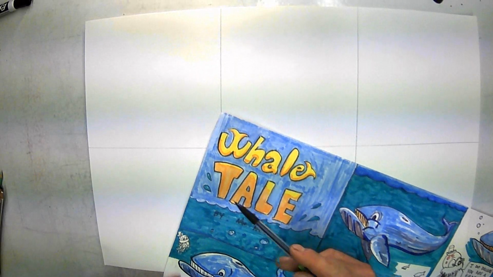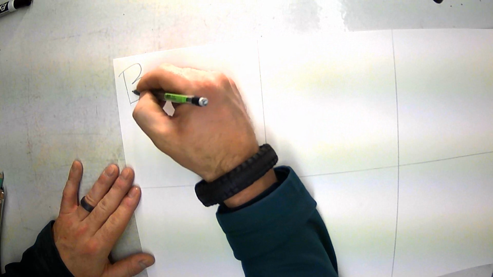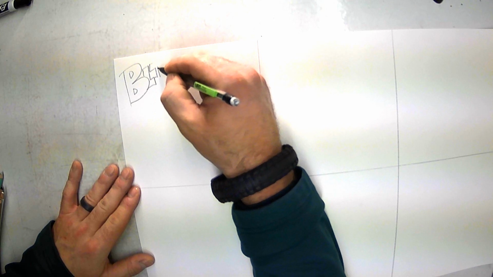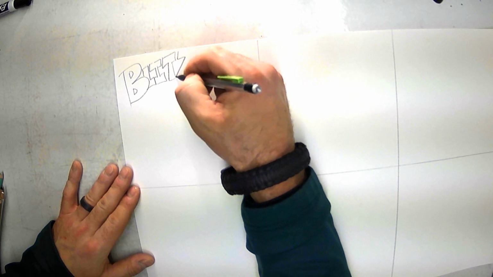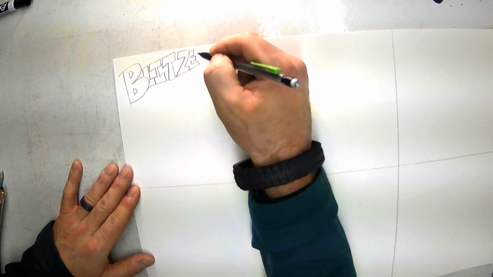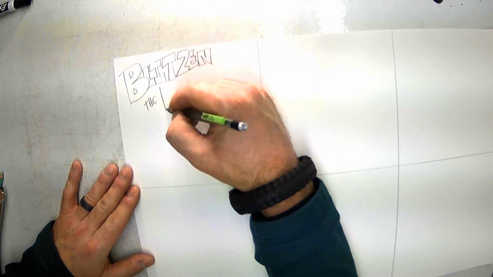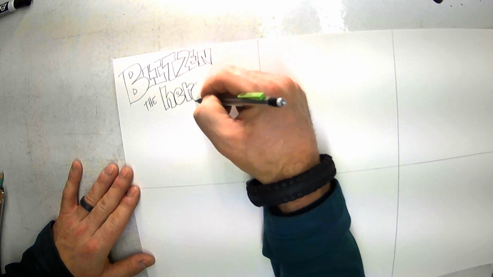And what do we do? Well, we start with a title box. This is where we write the title in bubble letters with your first and last name. So mine is called Blitzen, the hero of Christmas. So what I'm going to do is use bubble letters. Not every word.